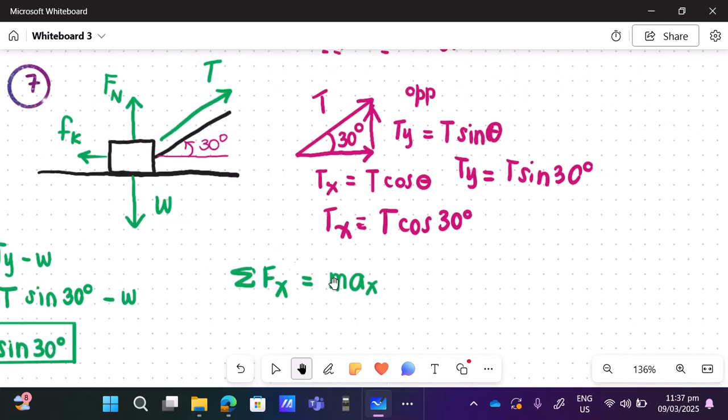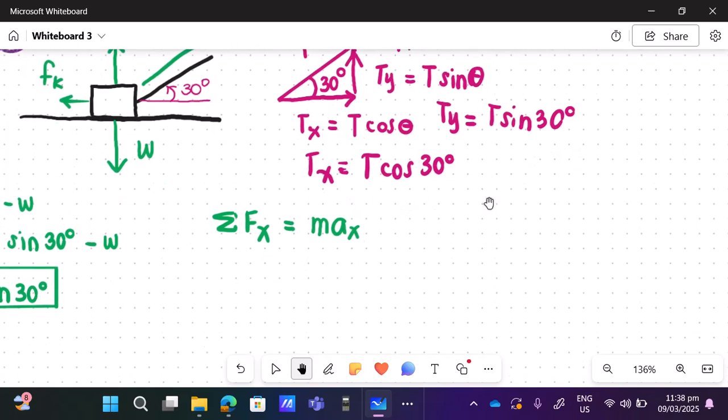If we look at the diagram, what are the horizontal forces acting upon the object? Alright, so we have here the force due to friction and the horizontal component of the force caused by tension. And we know that this force is equal to the tension force times cosine of the angle.